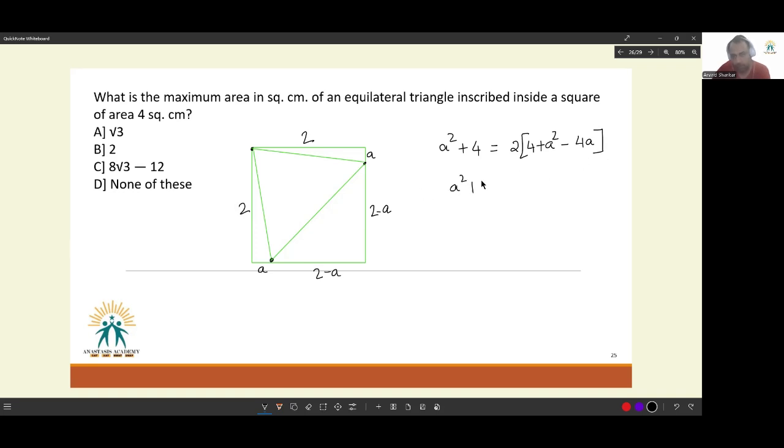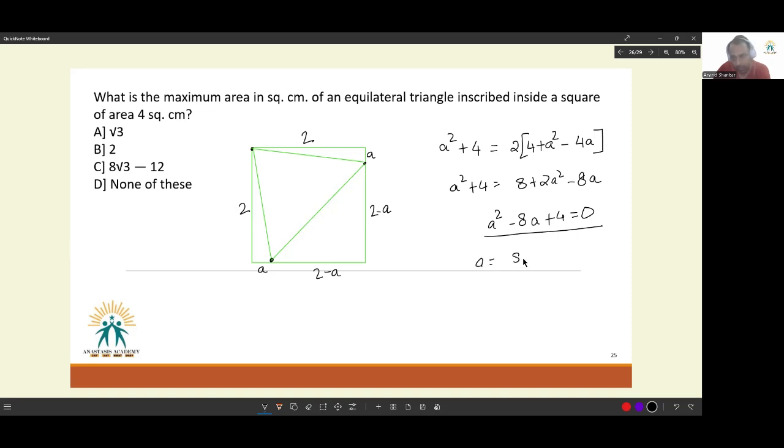Which gives us A square plus 4 is equal to 8 plus 2A square minus 8A. I'm left with A square minus 8A plus 4 is equal to 0. We've reached here. Now, we can get to a measure of A using Sridharacharya formulation.